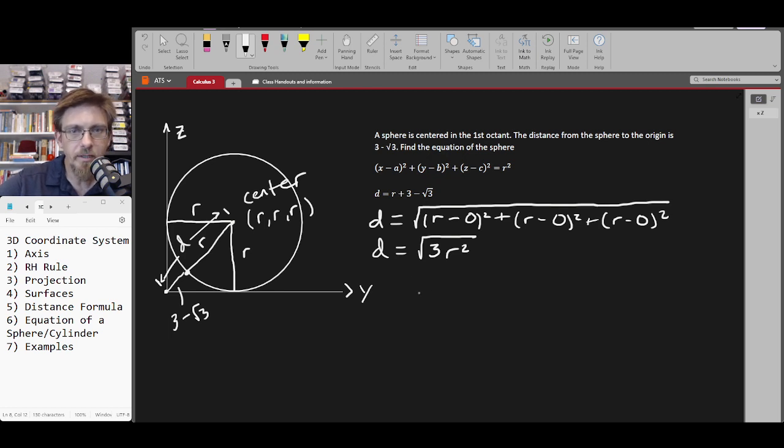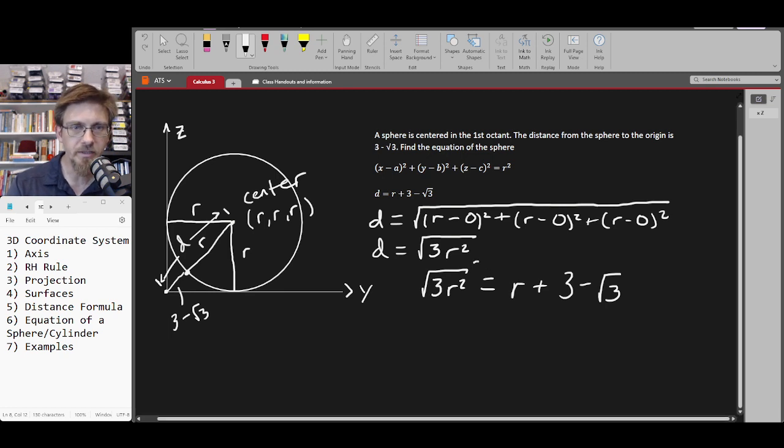So putting those together, I get that the square root of 3r squared is equal to r plus 3 minus rad 3. And with this, now I can solve this for r. And it's not terribly easy, but it's definitely doable.